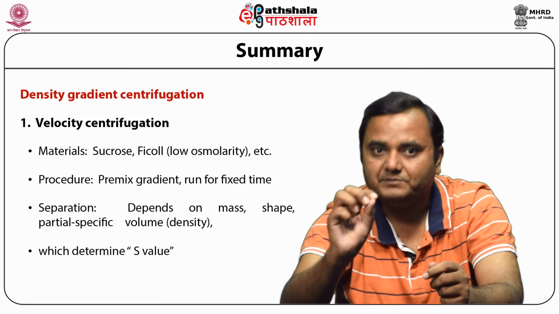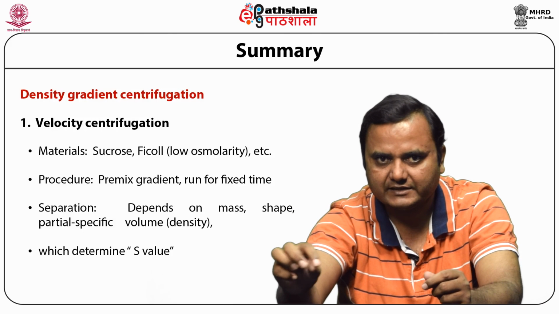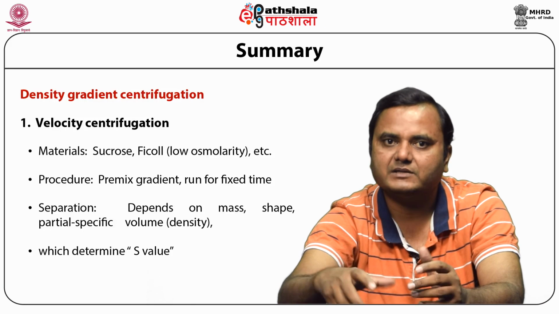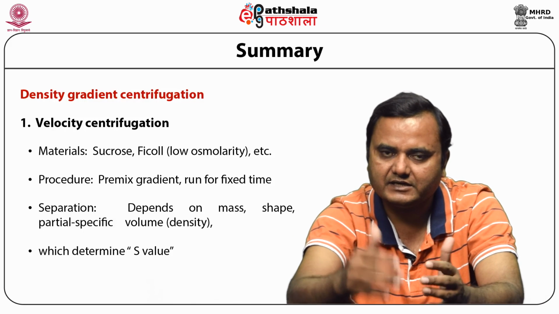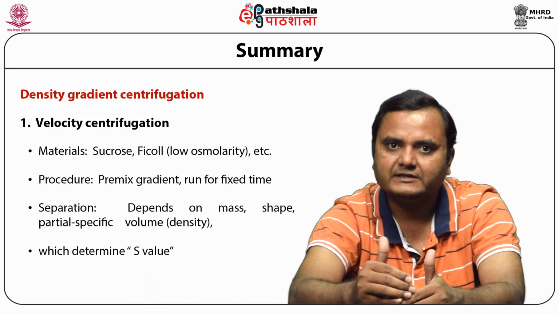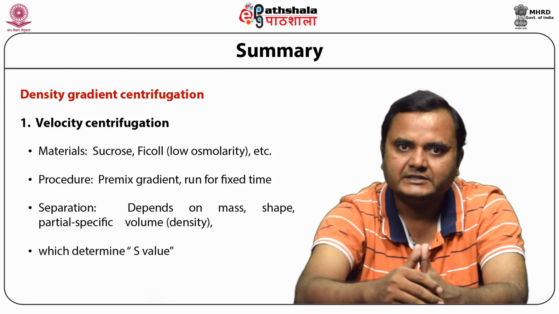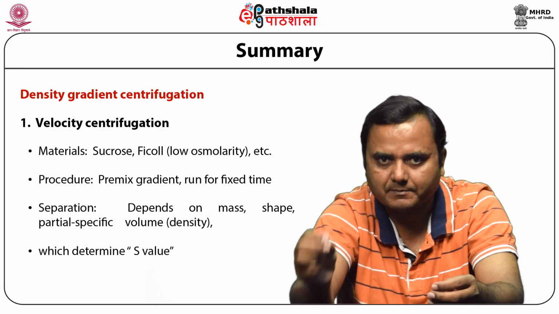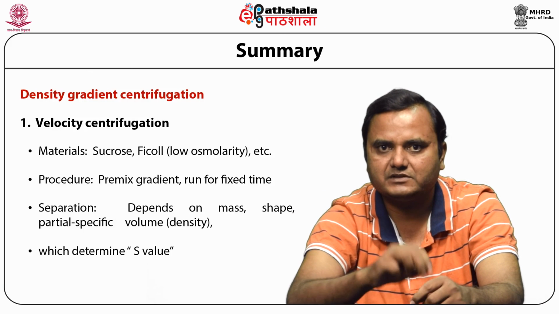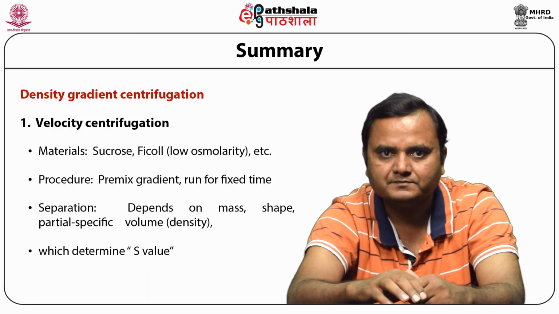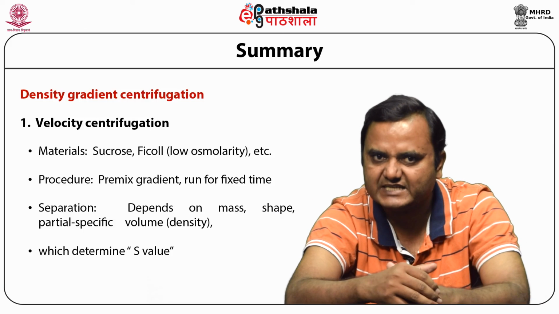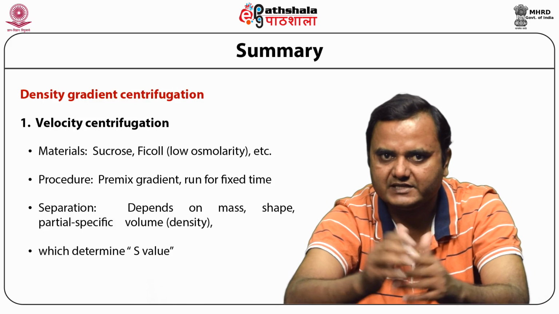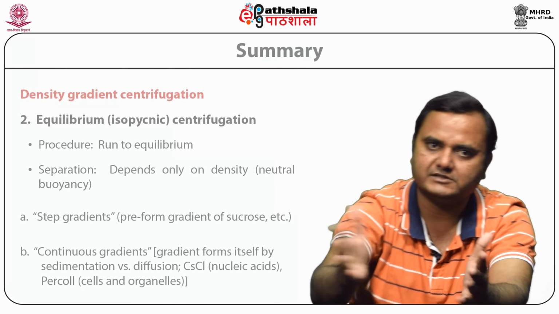Then the materials used for the separation, like sucrose, Ficoll, etc. Then the procedure for preparation of the density gradient, the continuous gradient and the discontinuous gradient. Then the factors that affect the separation: it depends on the mass, the shape, and the partial specific volume, which actually determines the S value. So the separation mainly depends upon the S value, and the S value differs for different molecules.